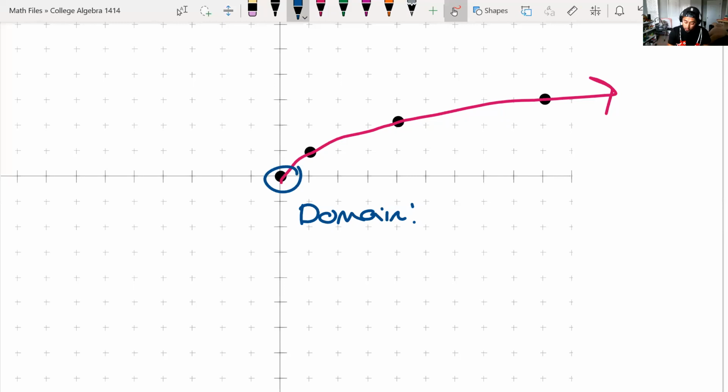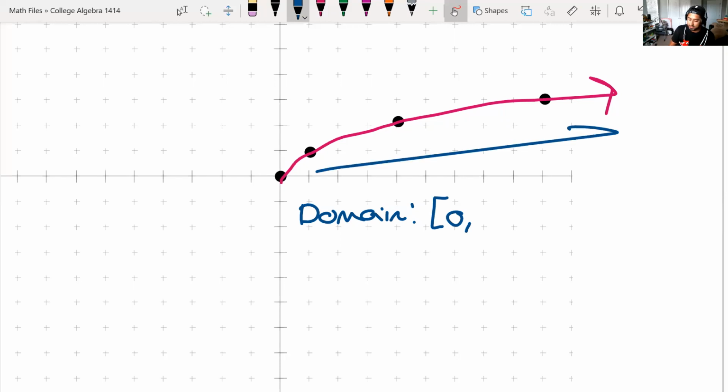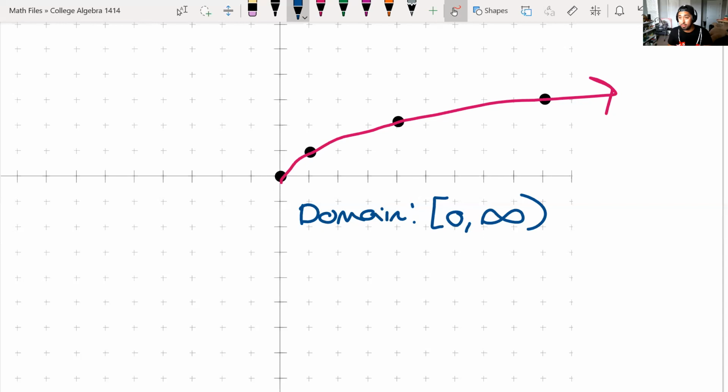And as well, the point is closed. It's not an open circle. So this means for our domain in interval notation is going to be bracket 0. And since it's headed to the right, it's headed towards infinity. So you get bracket 0 to infinity, and you get parentheses. Okay. Or whatever notation it wants, you can also put it as x greater than or equal to 0.